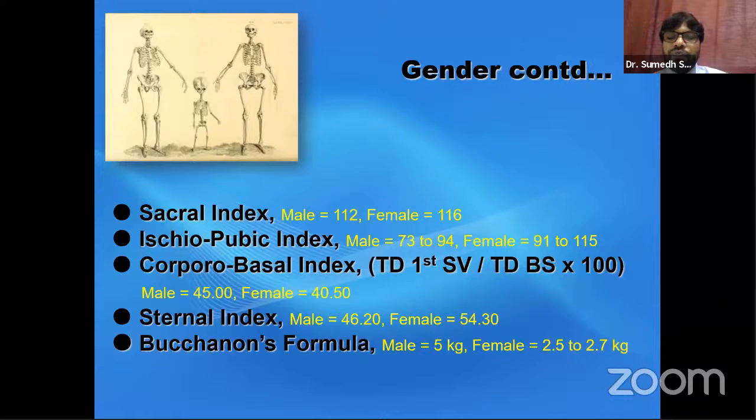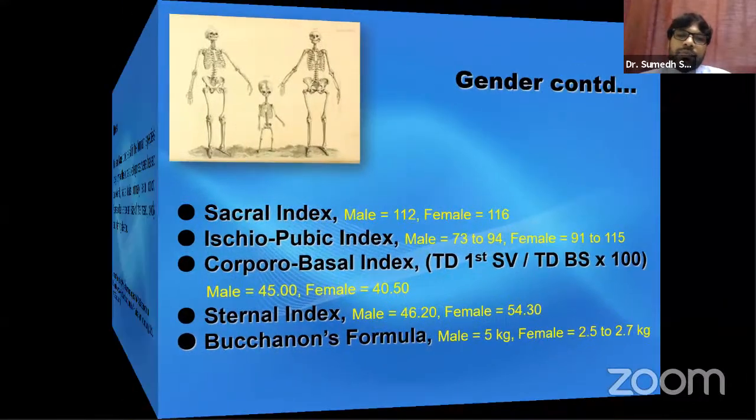This Buchanan formula applies if you are getting a complete skeleton and you are weighing this skeleton. In case of male, it is around 5 kg, and in case of female, it is 2.5 to 2.7 kg. So this is what Mr. Buchanan has identified, the average weight of the male and female skeleton.